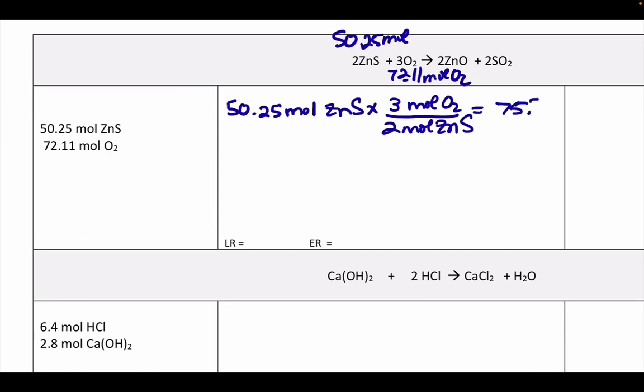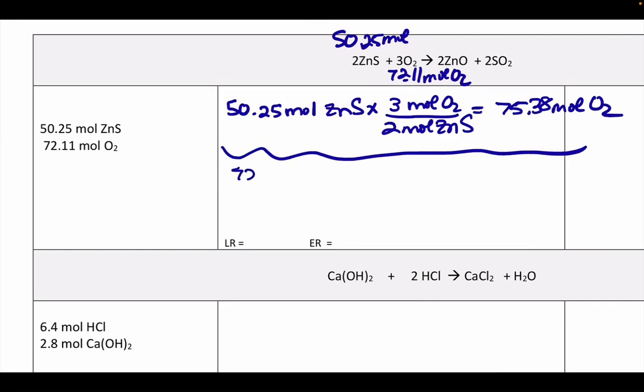So when I do this, or I maybe went the other way, so I would have taken my 72.11 moles of O2 and switched it into moles of zinc sulfide.